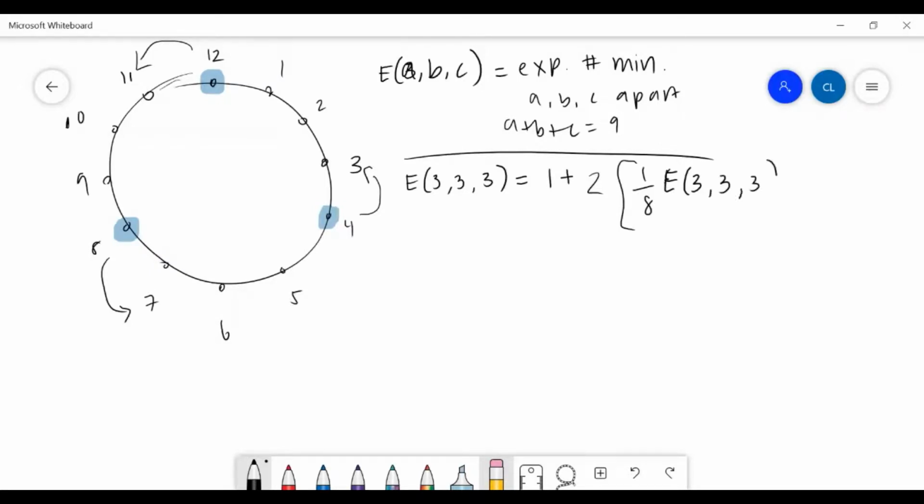And if it goes instead to 5, then we get E(1,3,5). Because between 5 and 7 there's 1, and then between 5 and 11 there's 5, and between 7 and 11 there's 3. So 135.